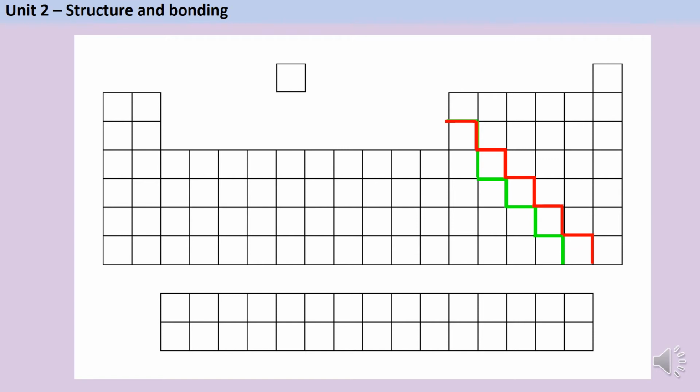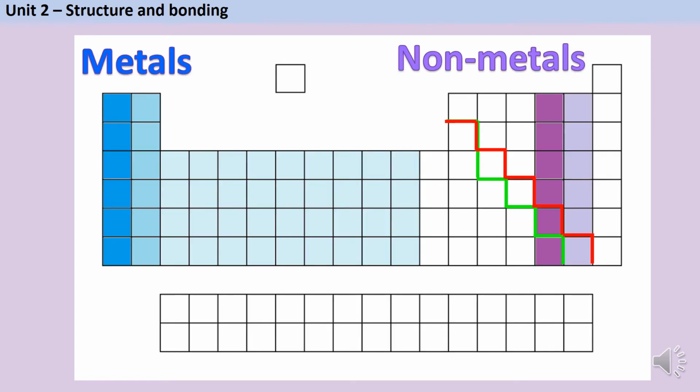So for the purposes of the GCSE, we only look at elements which are quite a long way away from the line. So we tend to look at group 1, group 2 and the transition metal block, all of which are definitely metallic elements, and then we look at the elements in the first few rows of group 6 and group 7, which are definitely non-metals.